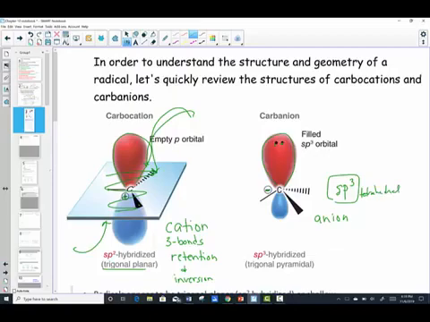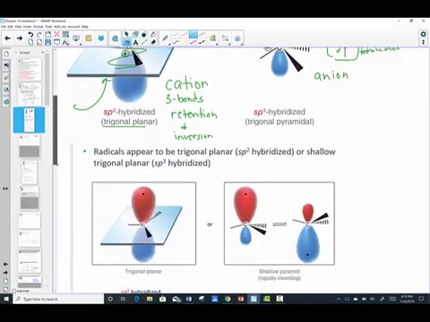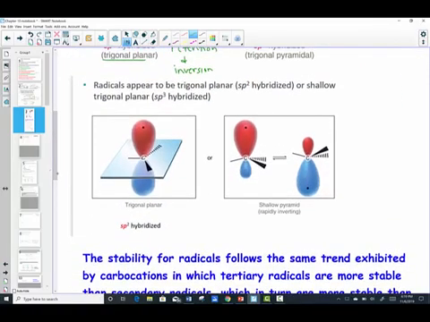So if a radical is somewhere in between, it's not an empty orbital, it doesn't have two electrons in it, it has just a single electron. So what does it look like? Well, again, it has one electron. So you would think it's between a trigonal planar or a rapidly inverting trigonal pyramidal.